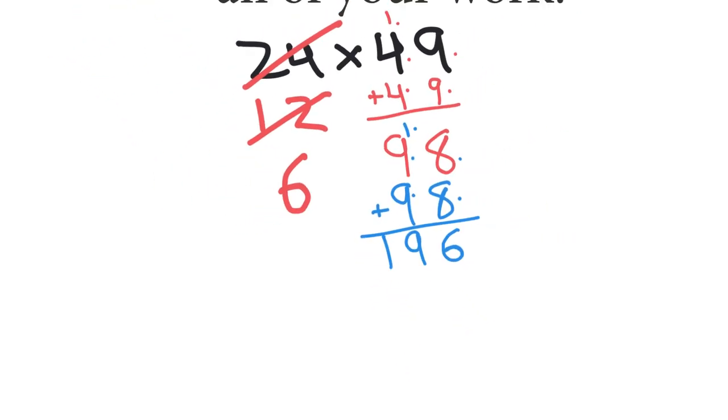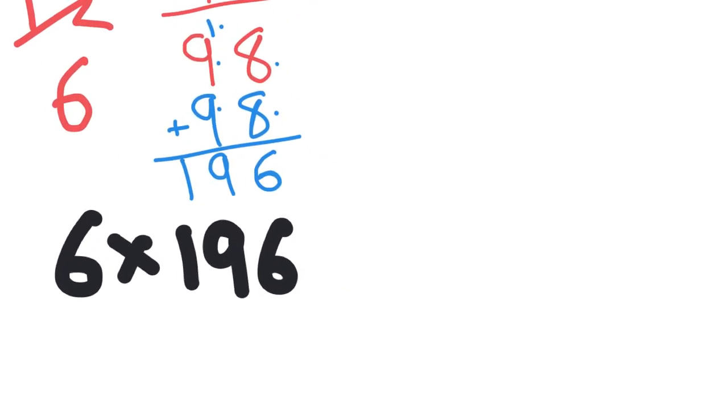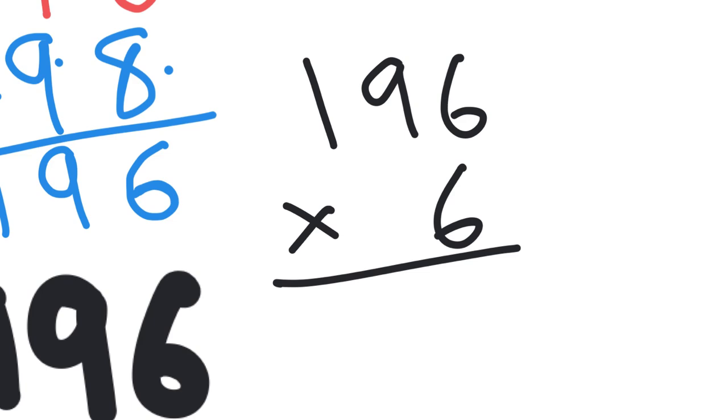Okay, so now that I have cut this in half twice, and I've doubled this twice, I'm ready to actually multiply. Because what does my problem say? 6 times 196. And that we can do. So if I stack it, 196 times 6, make this a little bigger. 6 times 6 is 36.